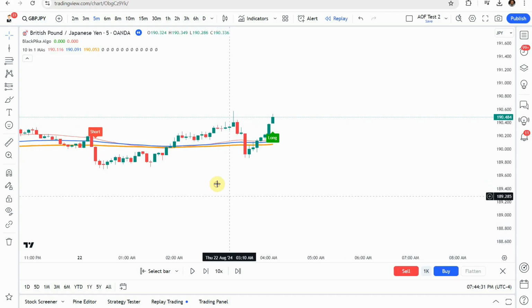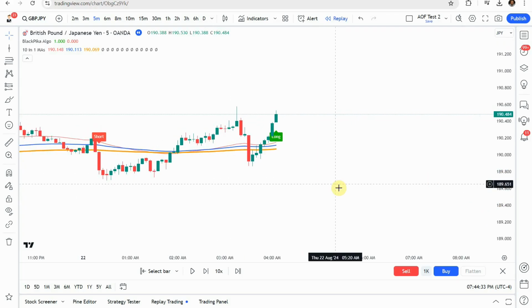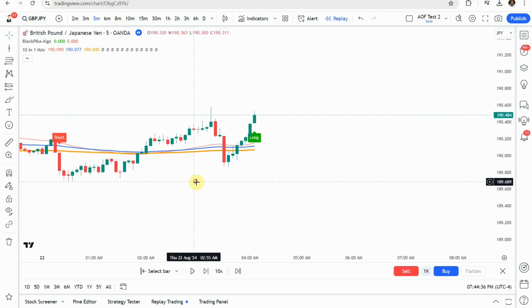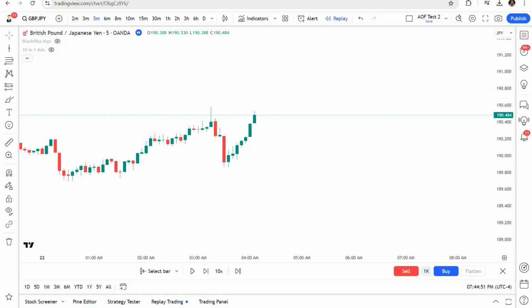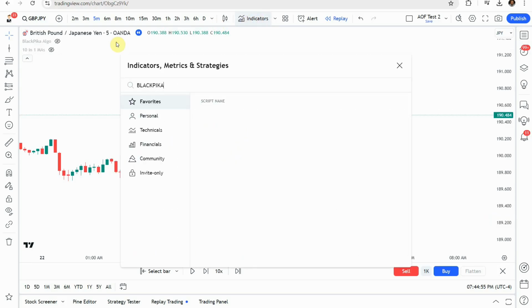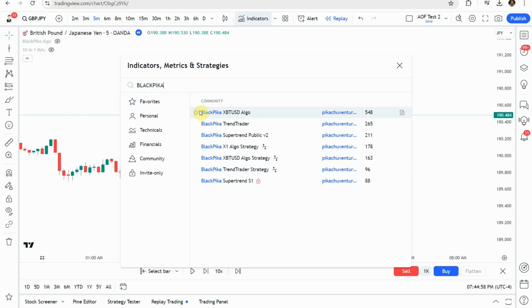Alright, as I said, today we will be testing a Forex scalping strategy. And so the source video says buy, sell, indicator, pin points, exact entry, and exit points. And so of course we're going to put that to the test and see what we can get out of this strategy. So what we'll do is just go ahead and hide the two indicators we have on screen now, and the first indicator you will add to the screen is going to be the Black Pika XBTUSD algo, this one right here.